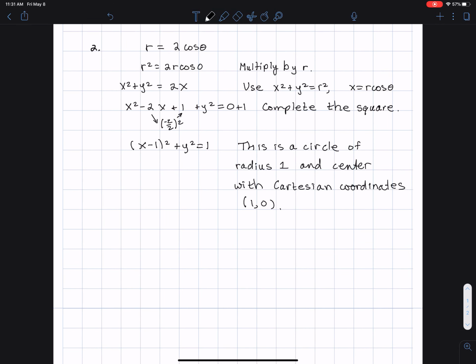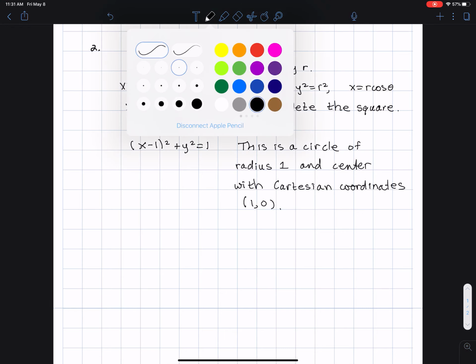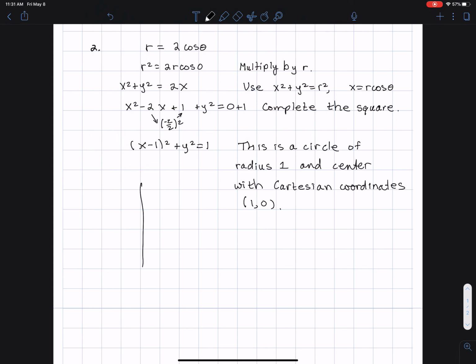All right, let me see if I can fit this all on one page here. Okay, so (1, 0) is easy enough. That's the center. That's actually not part of the graph, but I colored that in. And then it's going to have radius 1.